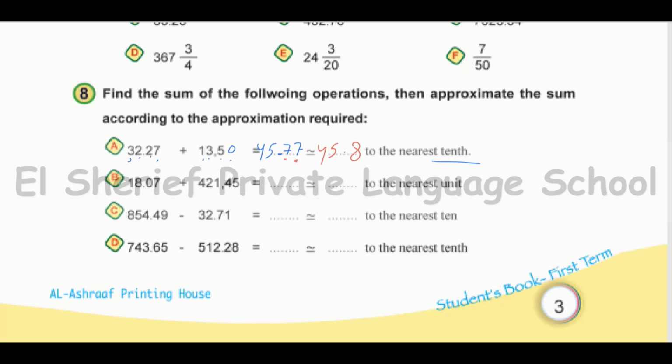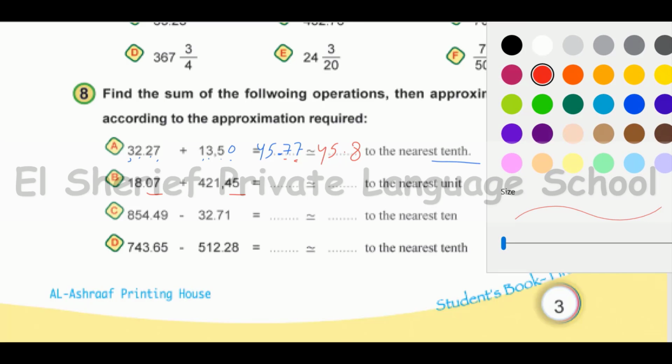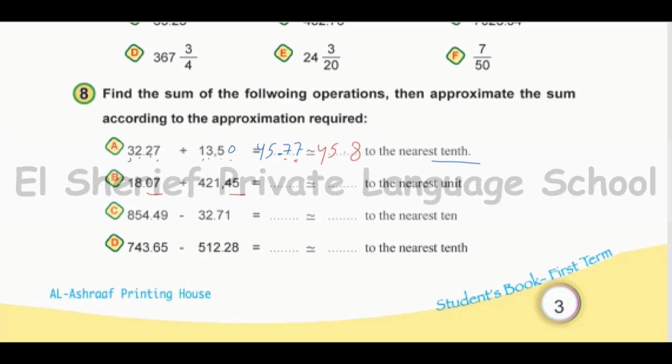Letter B. Here we look at the decimal part. We have 2 digits in the decimal part, and here we have 2 digits in the decimal part. So we can make the addition. 7 plus 5 equals 12. 2, carry 1. 1 plus 0 equals 1. 1 plus 4 equals 5.